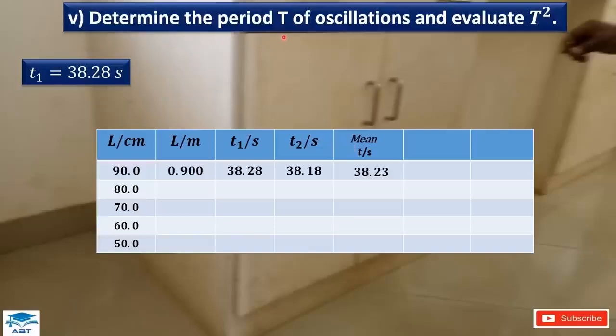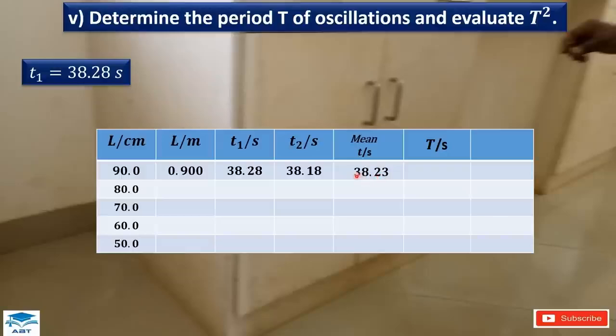Then we determine the period of oscillations and evaluate the period squared. We have the period in seconds. The period is the time for one complete oscillation, and the mean time is the time for 20 complete oscillations.